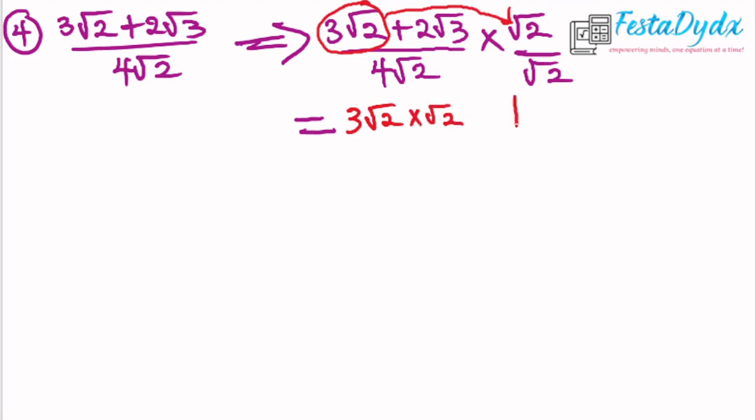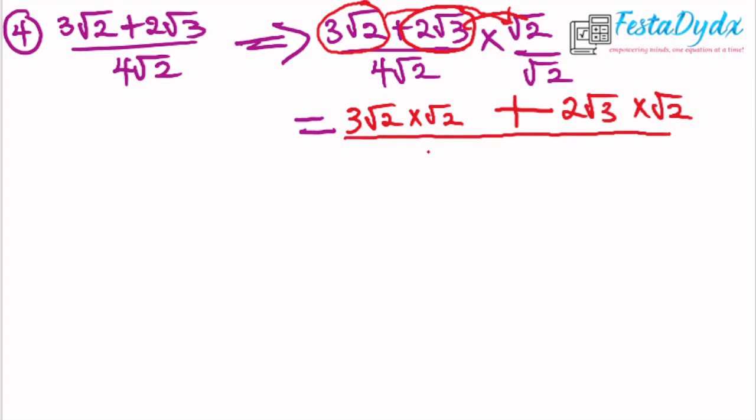And then we'll have plus, I'm going to use a very big plus so we can split them. And then we'll have 2 root 3 times root 2. Then our denominator will have 4 root 2 times root 2.